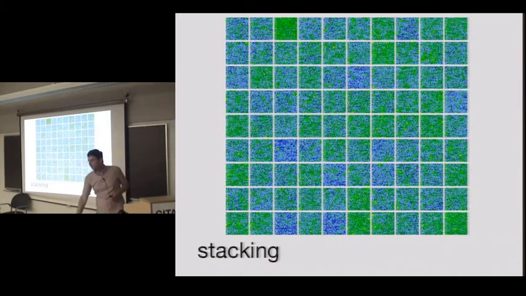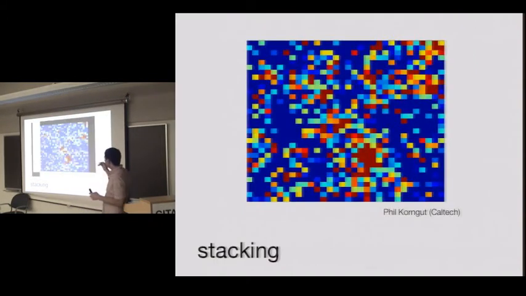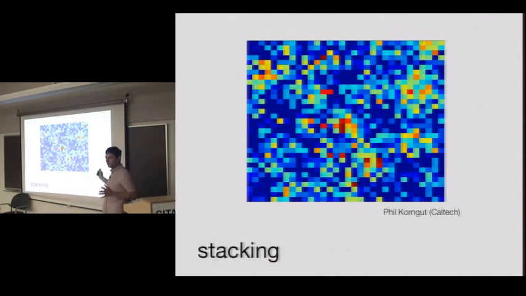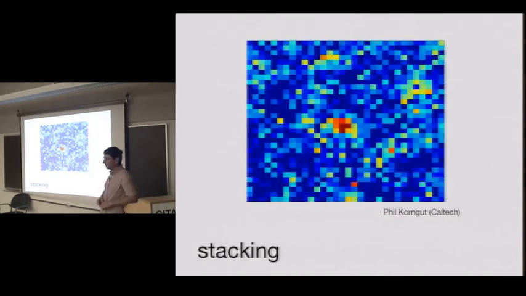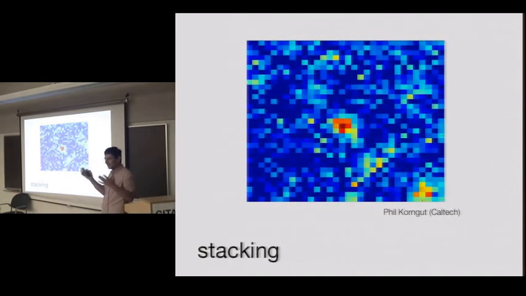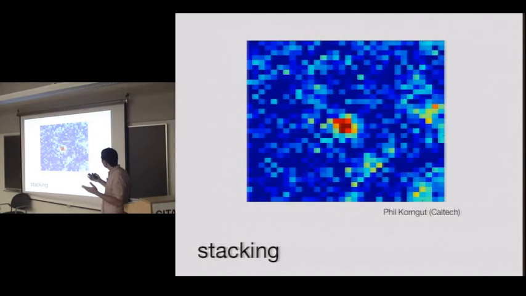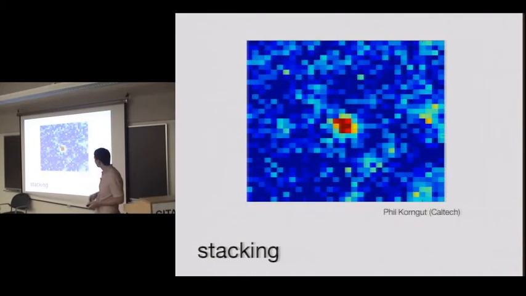You see what this is? This is a thumbnail around each of those sources when there's nothing in it, right? But then when you average them together, what comes out of the noise is these sources.